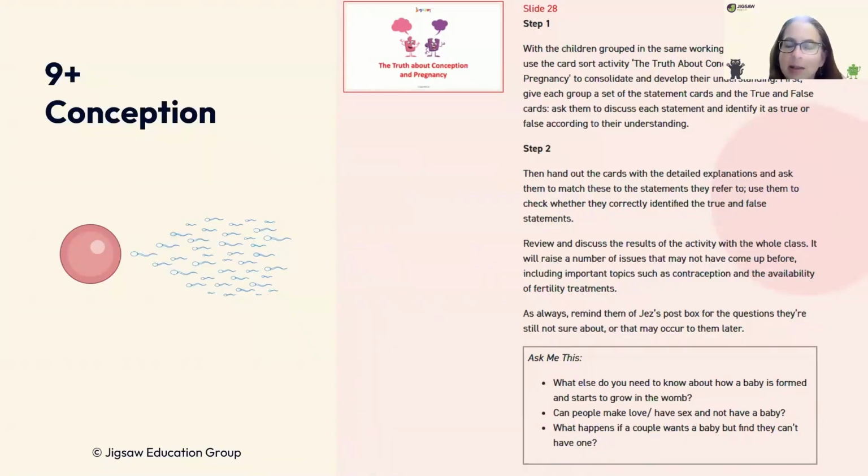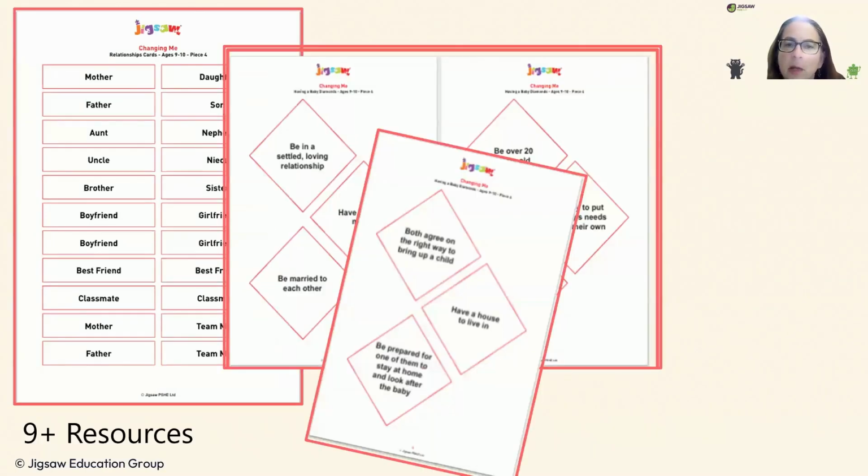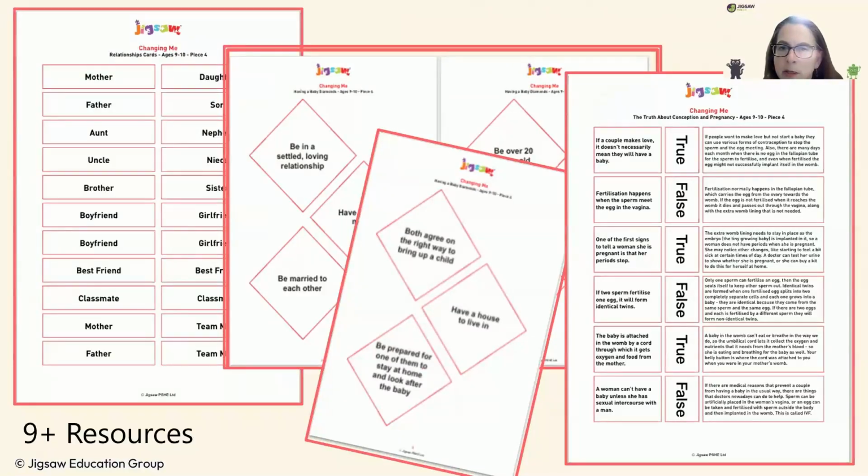They're practicing the language, the vocabulary, and being comfortable with it in a structured way that supports their learning and helps to build their skills. So the resources, again: the activity from the beginning where they're looking at different relationships for Connect Us, the Diamond 9 about what a couple might consider before deciding to have a child, and then the Truth About Conception and Pregnancy activity as well.